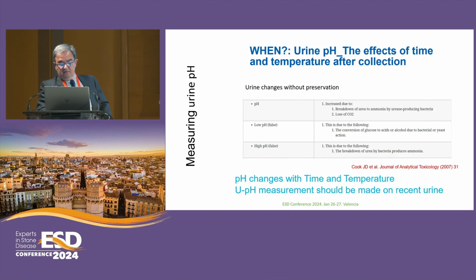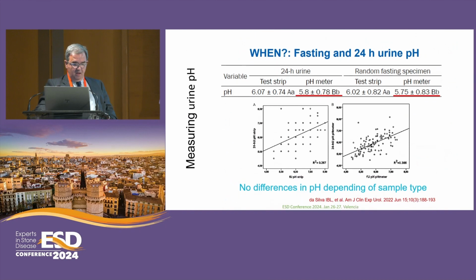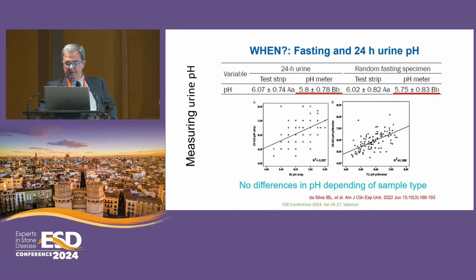Some authors say that pH should be measured in the lab within 2 hours after collecting the sample. In this study, they show that a spot sample pH measurement did not differ from 24-hour urine pH determination.